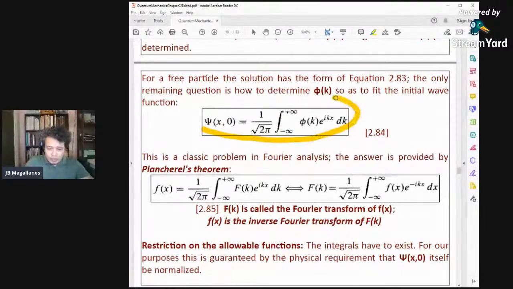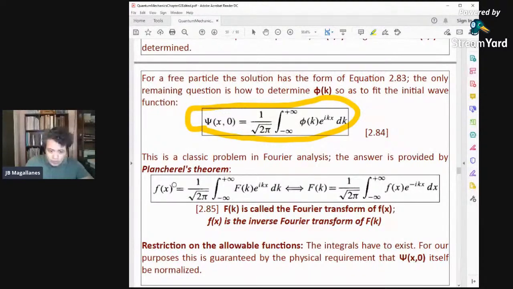You know about Fourier transformation in your mathematical physics: if you have a function that looks like this, an integral of dk e to the ikx, your fk and your phi k would just be this one, the integral, and then 1 over 2 pi.